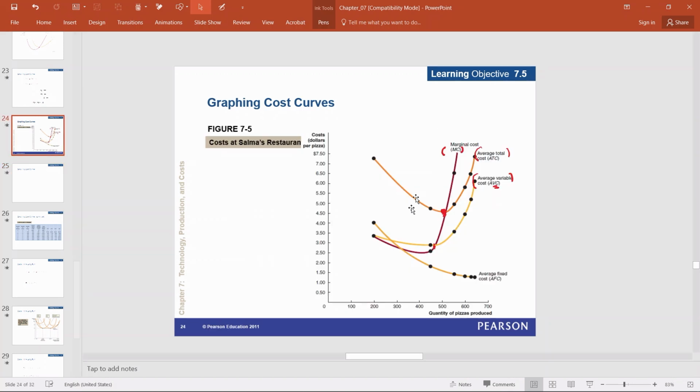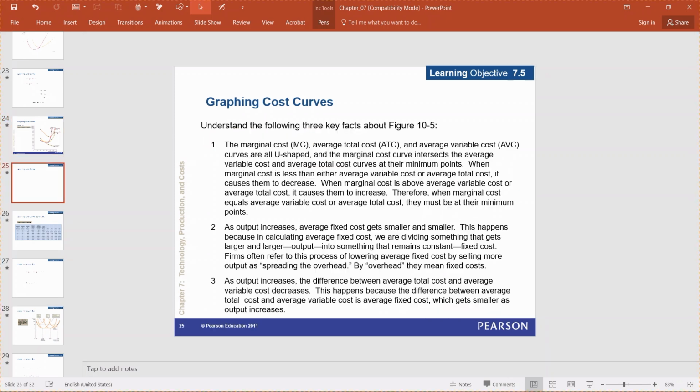And in the future, all these curves will help us in making analysis, in figuring out the profitability that could happen in situations of different markets, monopoly, duopoly, monopolistic competition, and perfect competition in the coming chapters.